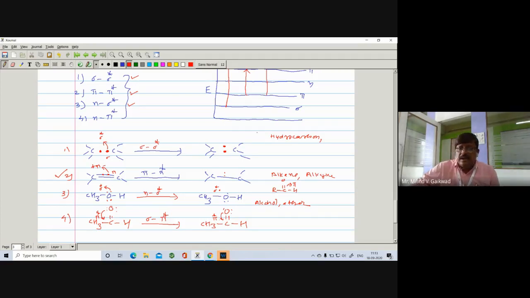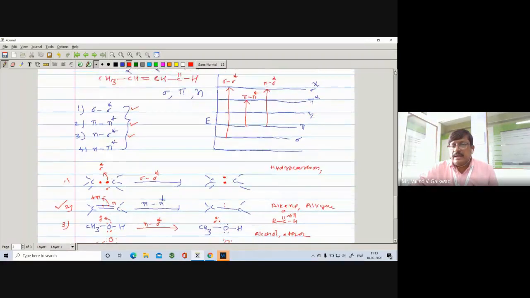Here it is not sigma, it is n to sigma star. And the last one is n to pi star.